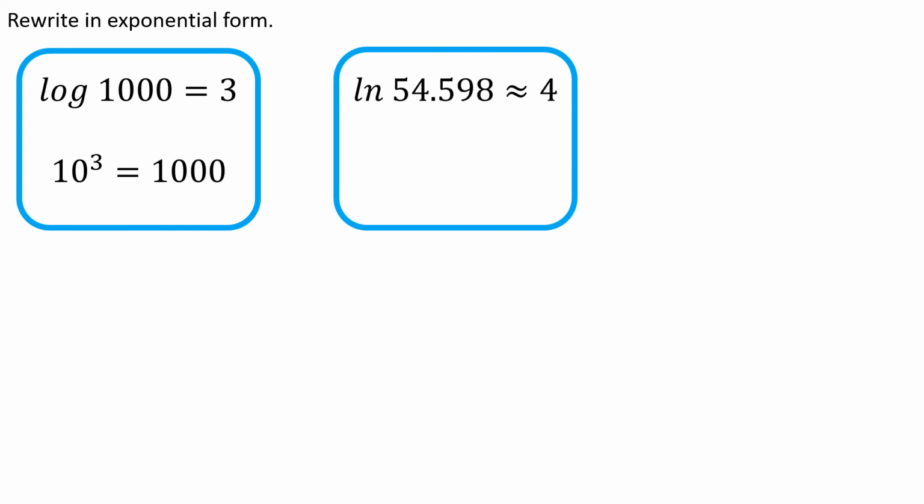ln of 54.598 is approximately equal to 4. Here comes the problem with base e. Because e is a transcendental number, we're not going to get very nice numbers out of this. Either the exponent is going to have to be a really weird number, or the value is going to have to be a really weird number, or sometimes even both.